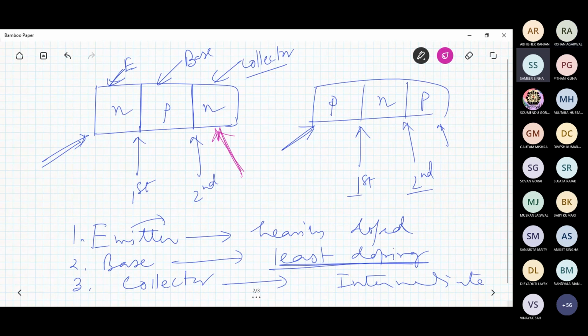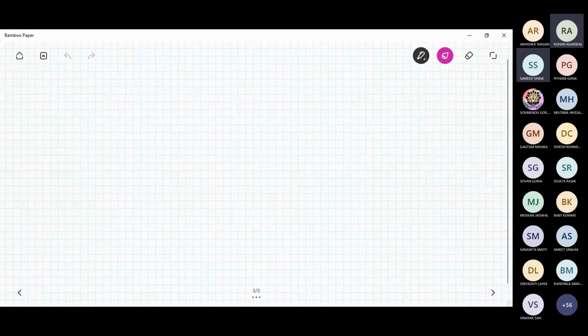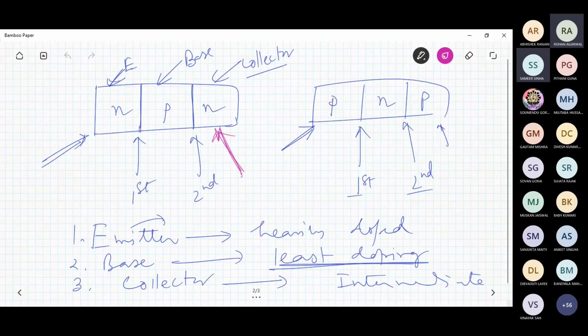If you look at the area of this collector of this transistor, it is always larger than the emitter and base of the transistor, so that it can collect the maximum amount of charges which would have transferred from emitter through base to the collector. And the doping level, the summary is given. The doping level will be intermediate for collector region.